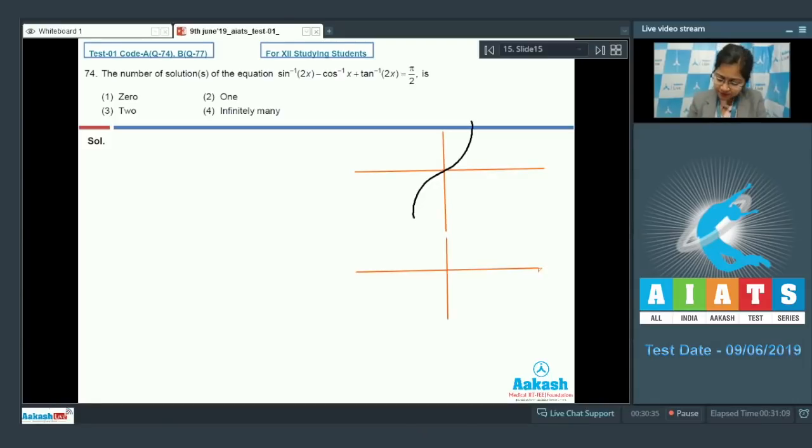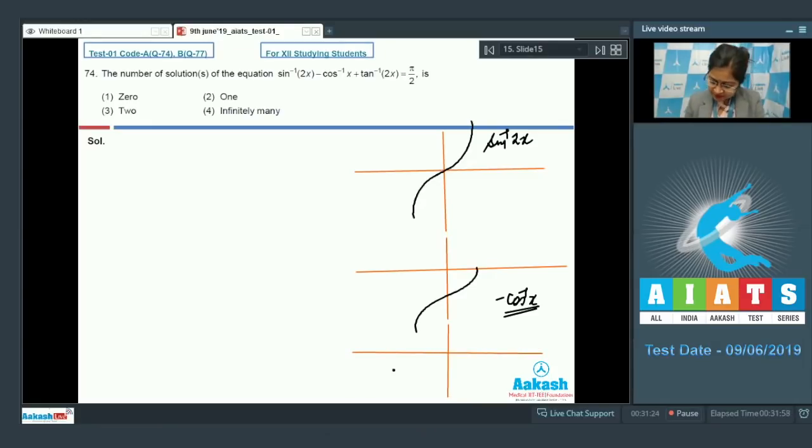Now the graph of minus cos inverse x will be like this. So this is the graph of minus cos inverse x and this is sin inverse 2x. Now talking about tan inverse 2x, that is also like this.